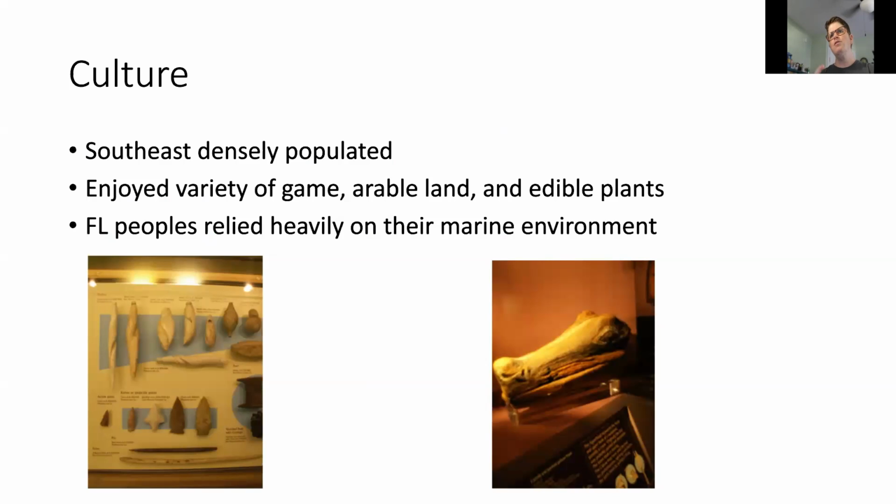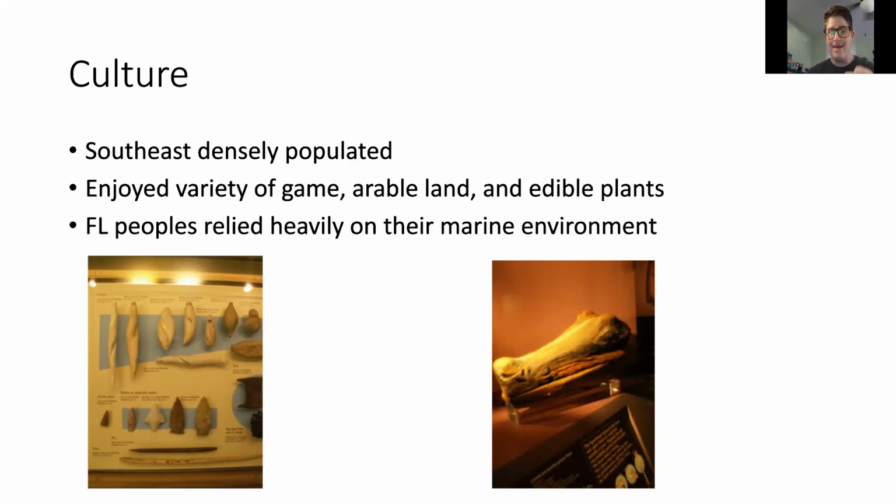So there's deer, raccoon, possum, fish, a variety of different animal proteins they could go after to supplement their diets, arable land, especially in the Georgia Piedmont area, lots of rich soil for planting, and lots of edible plants in the Southeast. So Southeastern Indians had a diet that in many ways was healthier and better and more robust than the Europeans they were encountering.